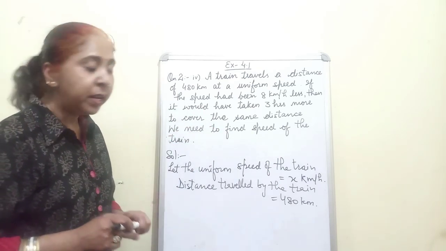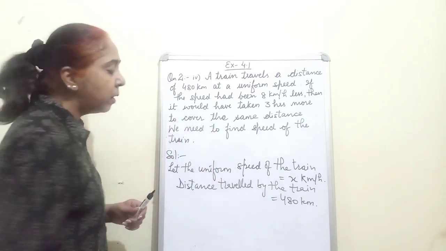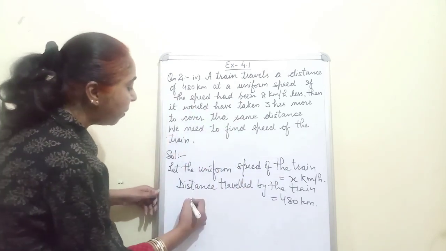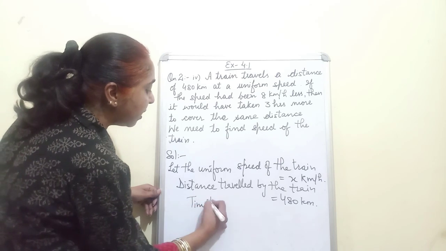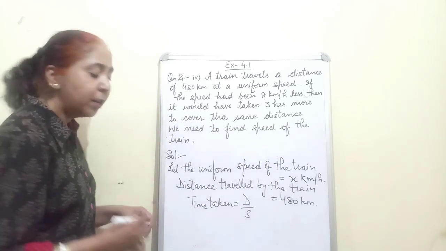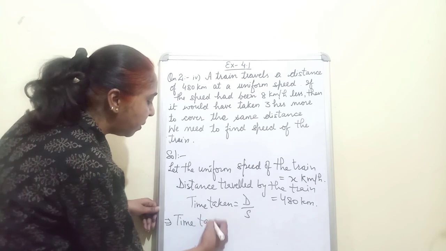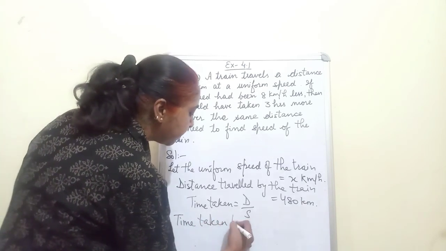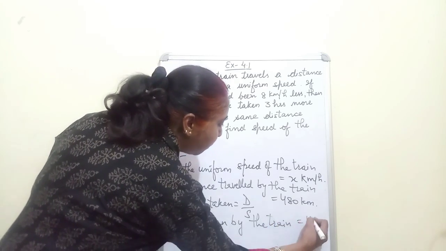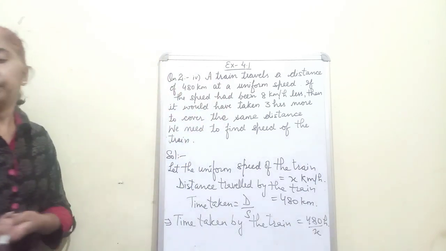So if I have distance as 480 kilometer and speed as x kilometer per hour, then according to the formula, the time taken by the train will be 480 by x hours.